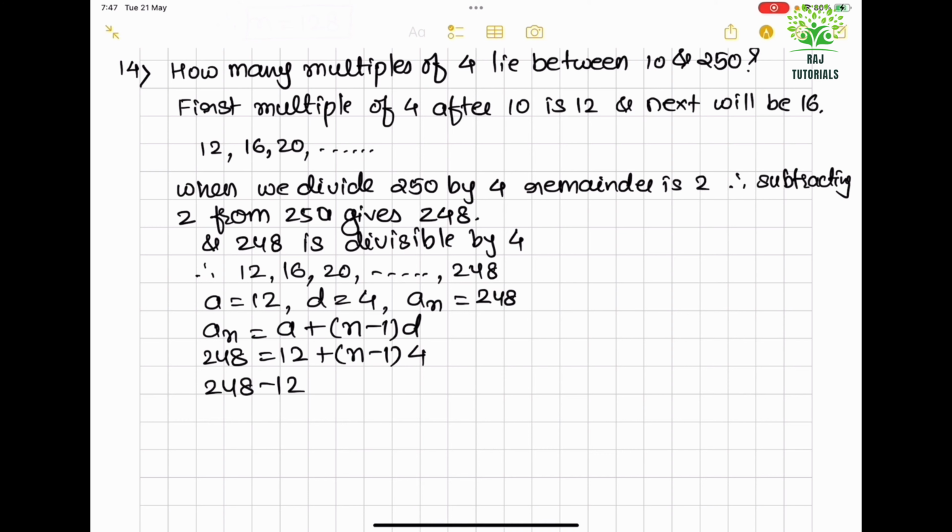So 248 minus 12 divided by 4 equal to n minus 1. So n minus 1 will be equal to 59. So n equal to 60. So I can say there are 60 numbers which are divisible by 4 between 10 and 250.